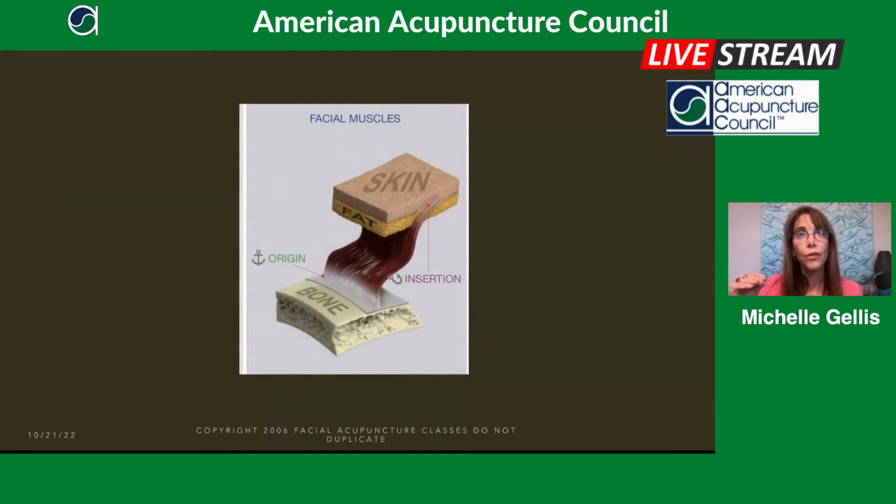So you don't have to move a joint in order to move the skin on your face. Everywhere else on your body, if you want to move the skin, one of your body parts has to move. The skin can't move separate from the body part.